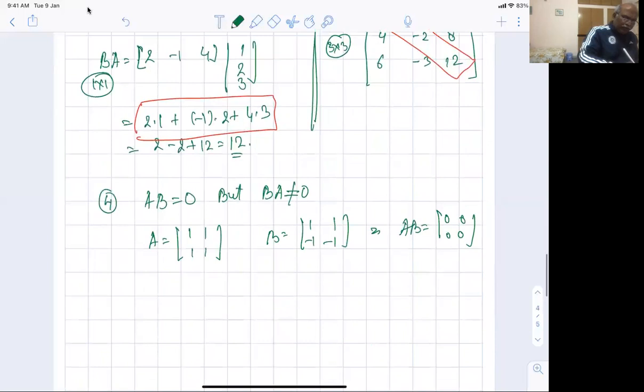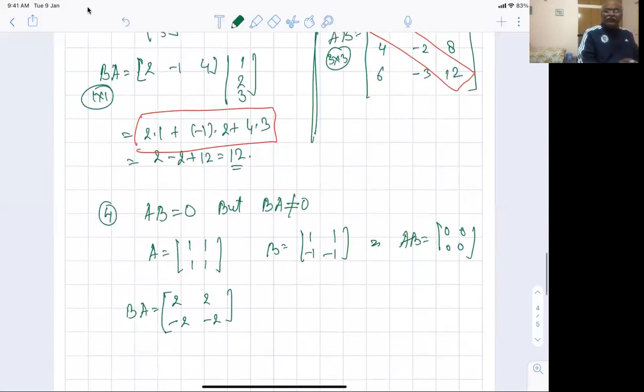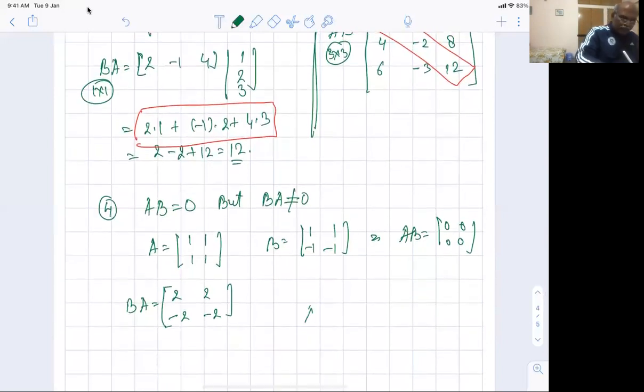But if I look at BA, it will be this into this part. So it will be 2 here, 2 here, minus 2 here, minus 2 here. All right. So AB can be 0, BA need not be 0 as such. Fine. Is that okay? So A and B need not commute.